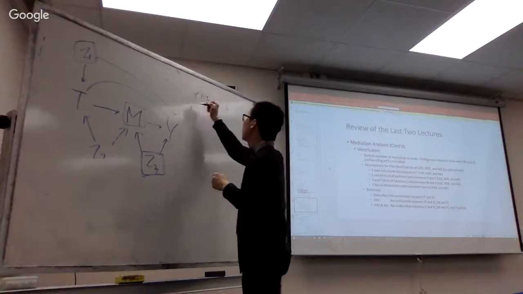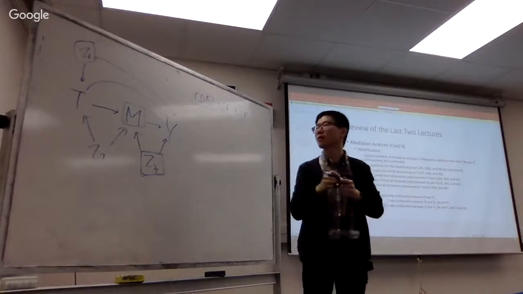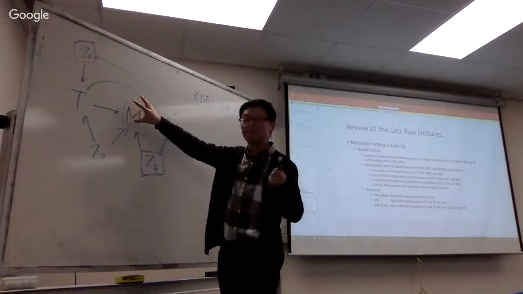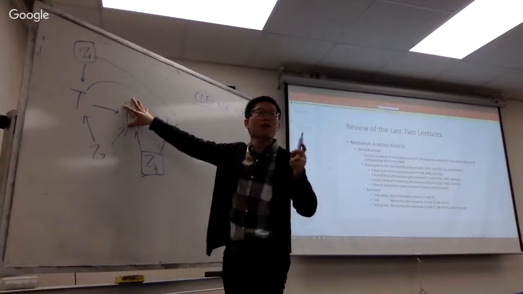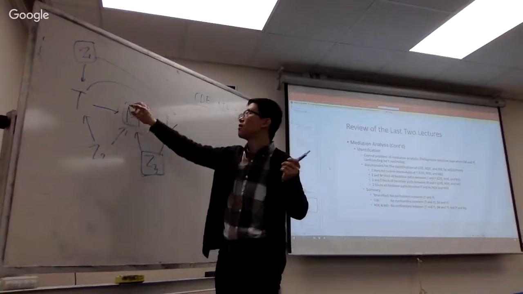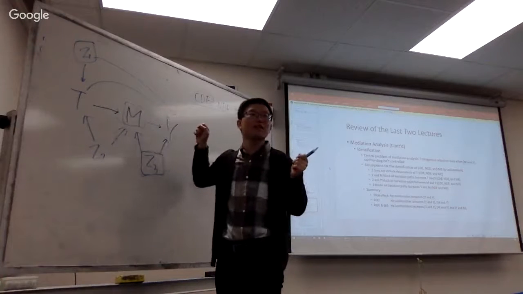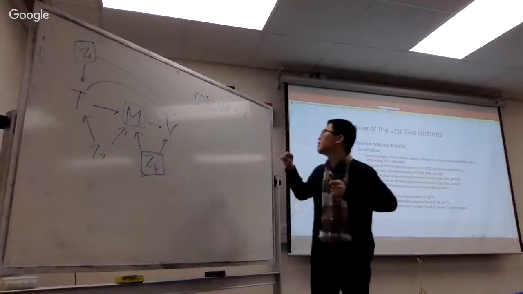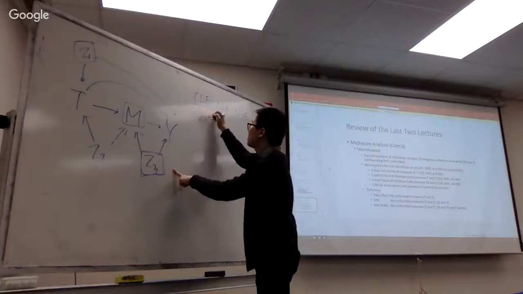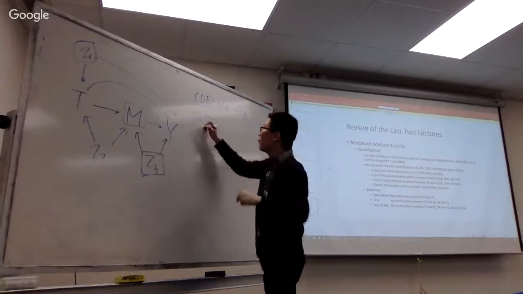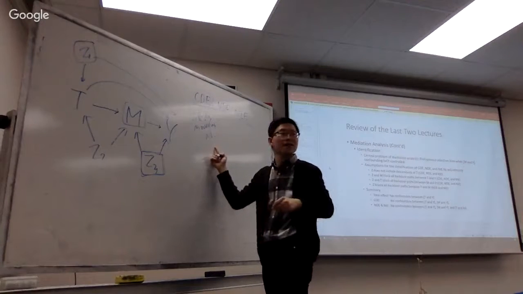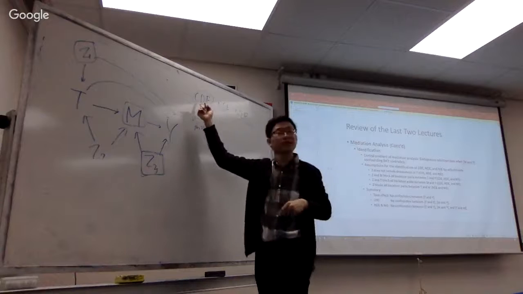CDE would be identified, because in CDE, M is set to be a certain number anyways. So this path is blocked. But controlling for Z1 and Z3 as well as M suffices for identifying CDE.